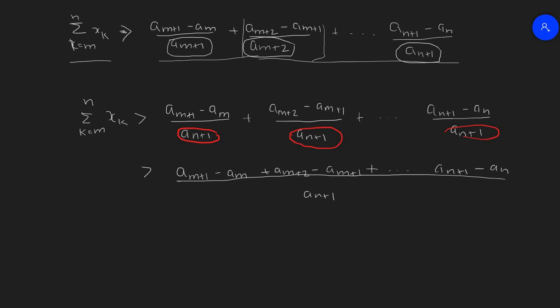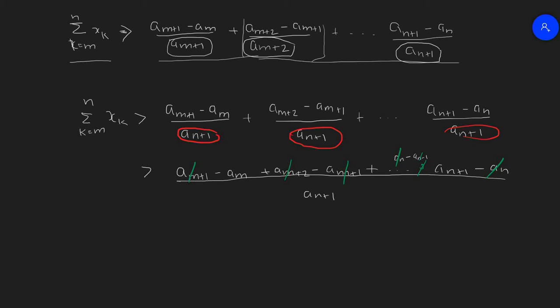So what we have here is that a_(m+1) and minus a_(m+1) got cancelled out, and again a_(m+2) will be cancelled out by the next negative term, and it continues like this. Finally a_n will be cancelled from the last term, since the term before would be a_n minus a_(n-1), and so on. Every term will be cancelled.